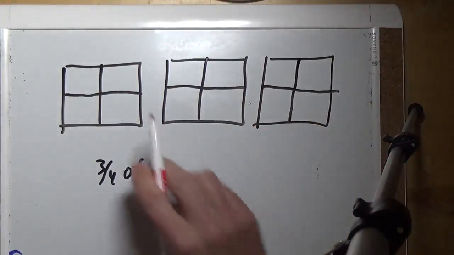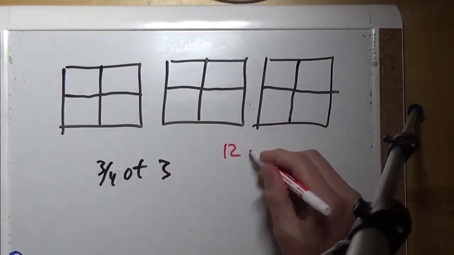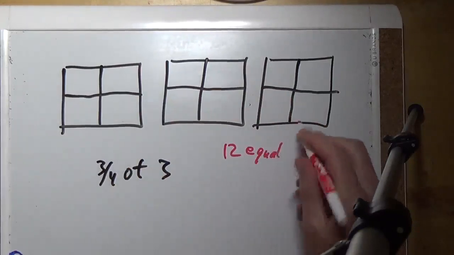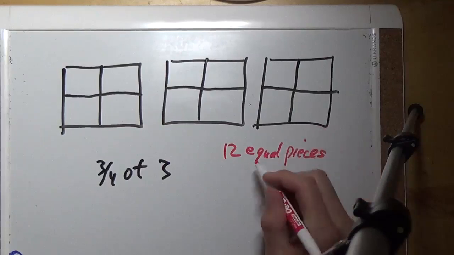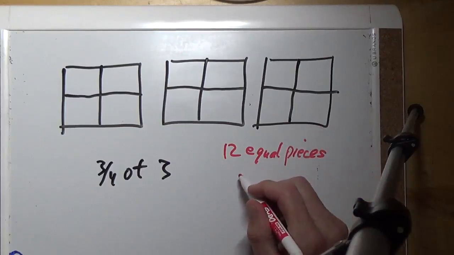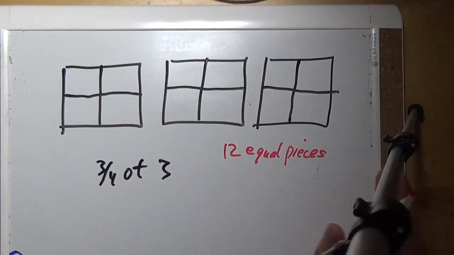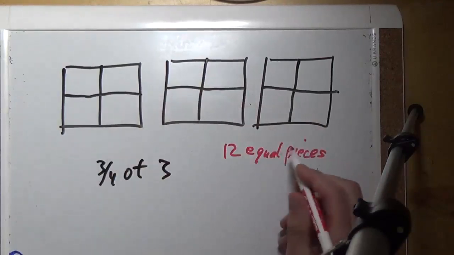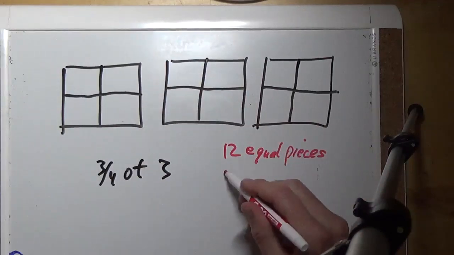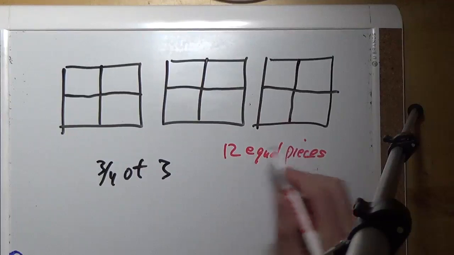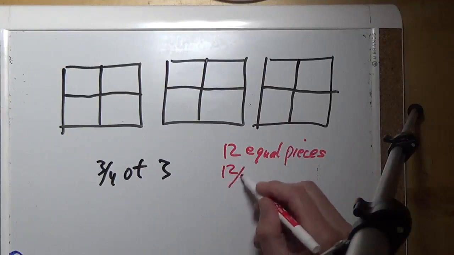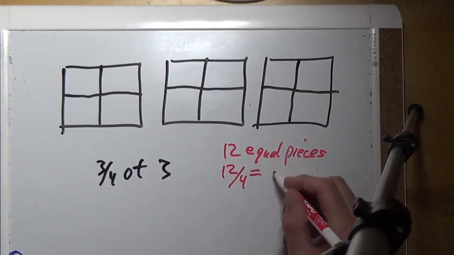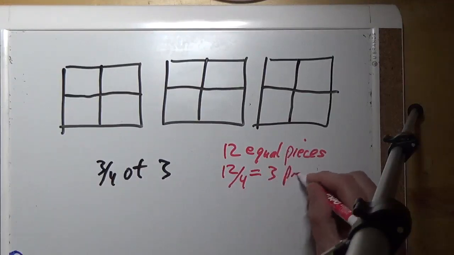Let's see, I have 12 of these pieces. And I want 4 equal pieces from these 12. So I want to separate these 12 into 4. So in my mind I'm doing 12 divided by 4 is 3 pieces.